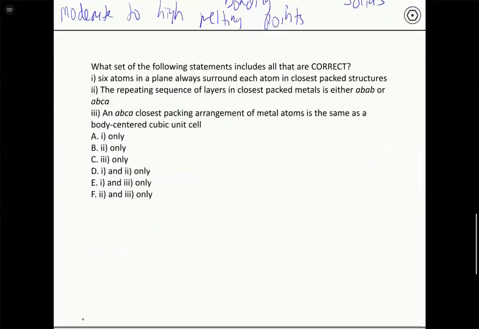Alright, so the next one is also, in some sense, a true-false question. It deals with which of the following statements includes all that are correct, and deals with different types of close-packed structures. Alright, so for number one, 6 atoms in a plane always surround each atom in a closest packed structure. So remember that these closest packed structures, there's two of them. There's face-centered cubic and then there's hexagonal.